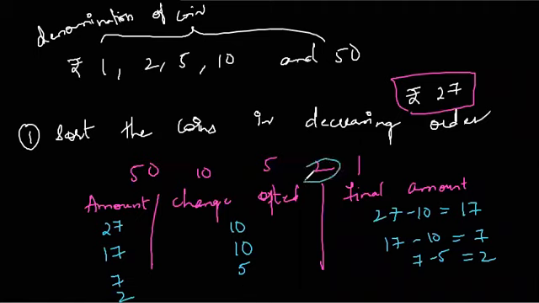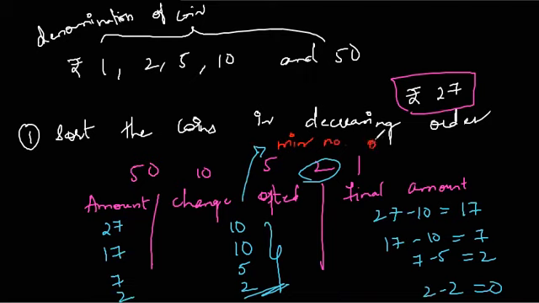I have a denomination 2, so I'll select that, and we have paid the entire amount using two 10 rupee coins, one 5 and one 2. So this is the minimum number of coins paid. What did we use? We used the greedy method, that is, we were making the best choice at each step.